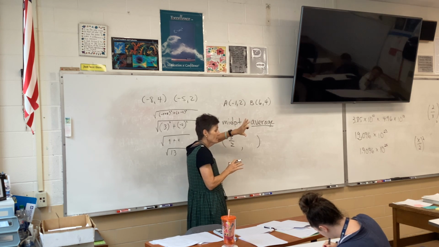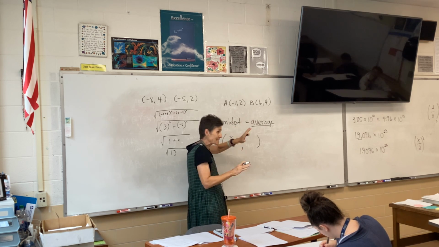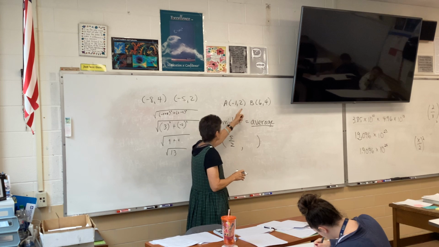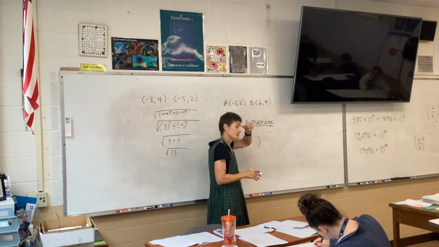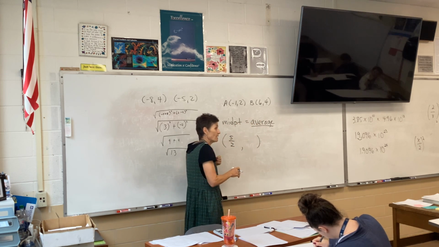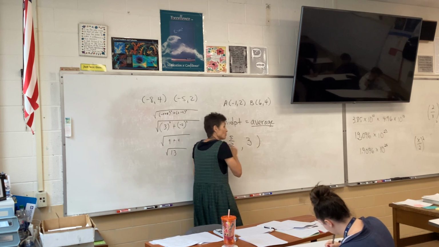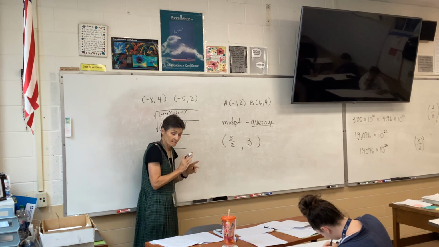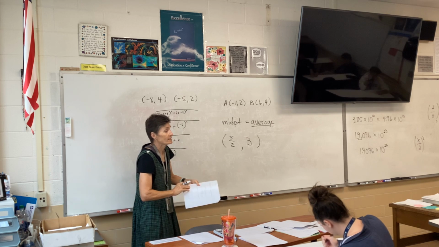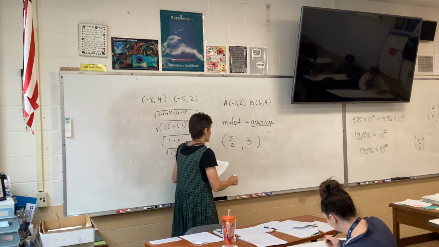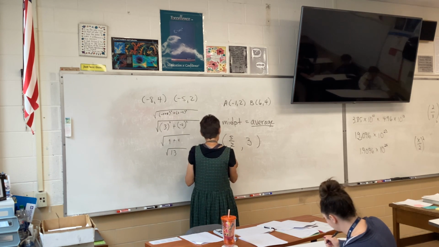So all you do is add them and divide by 2. That's it. That's how you find midpoint. So 2 plus 4 is 6 divided by 2 is 3. There's your midpoint. It is that easy. Midpoint is average.